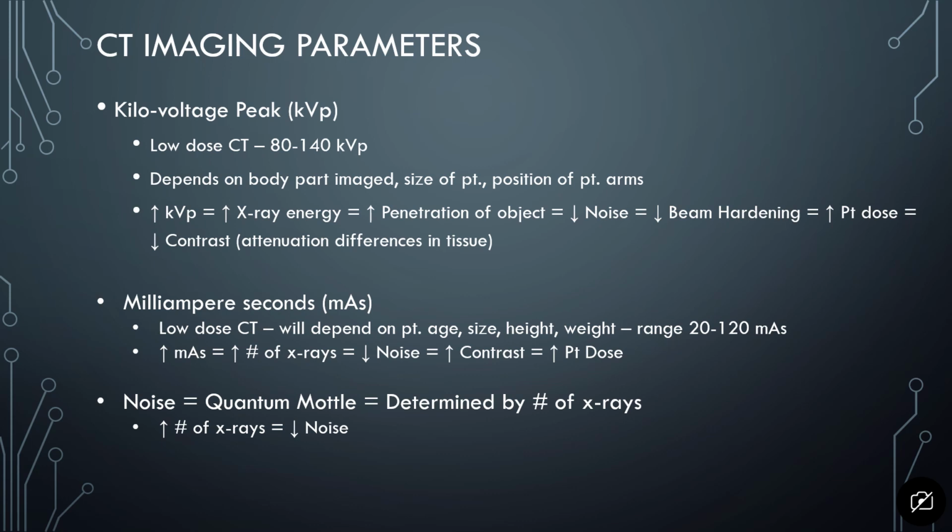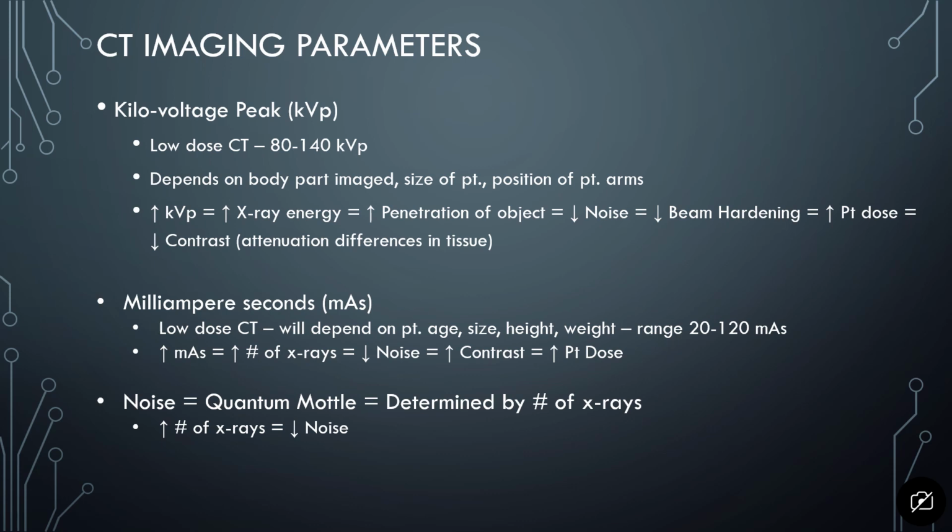So a higher energy means more of the X-rays pass through the patient and hit the detector. This does reduce the beam hardening, and you don't see a beam hardening artifact as much, but you do decrease the contrast because all the photons are making it through, which is going to make the image appear more black.